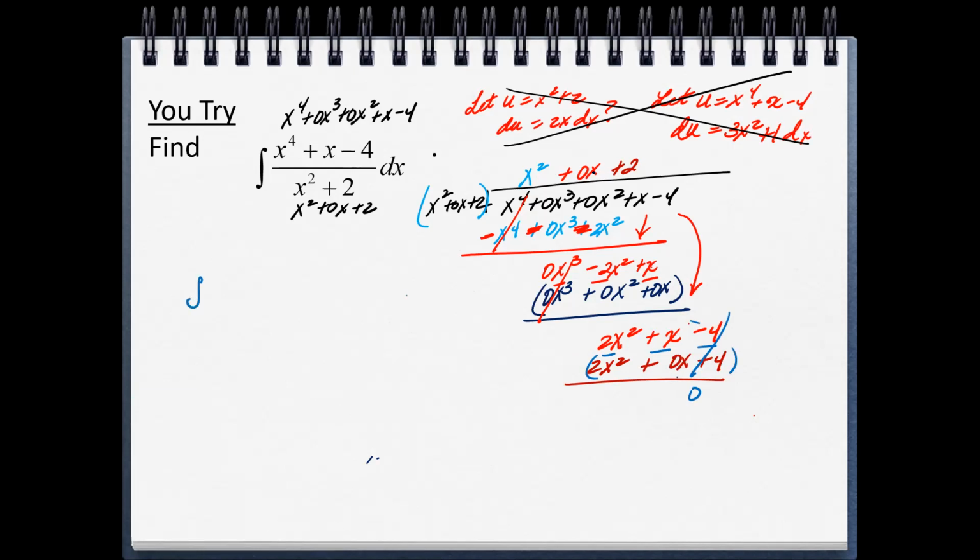Okay, your answer is just going to be the answer up here, which is a quotient. So x squared, you don't need to care about the 0. Oh, you know what? I forgot to put a negative right there. So this has to be a negative 2. Sorry.